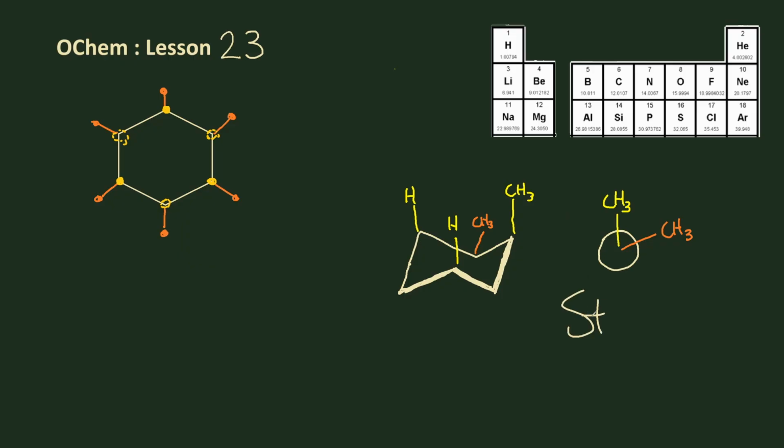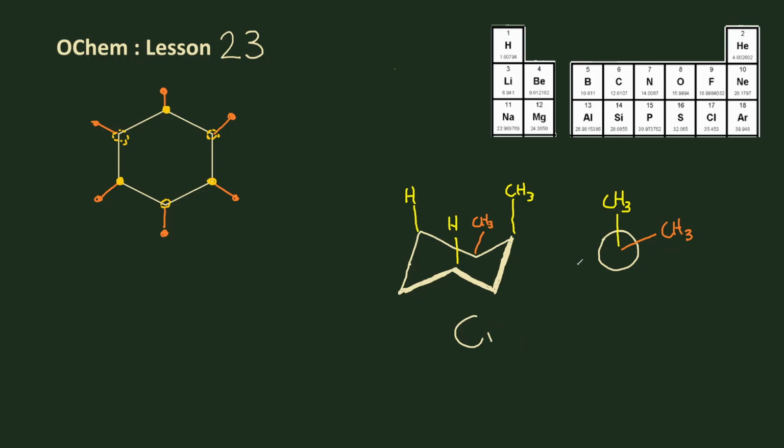Steric is spelled like this in case you've never seen it. We'll call it a diaxial interaction because it's 2 axial groups interacting with each other, trying to crowd for space. The theater is a little too full. Now, as we're talking terms, I might as well add this in. This is the cis dimethylcyclohexane because these two are on the same side of this flat plane here.